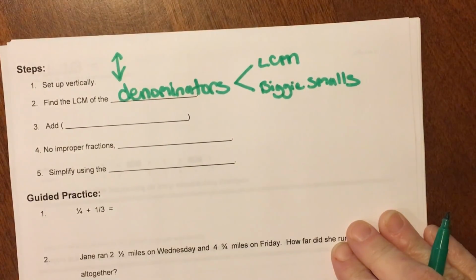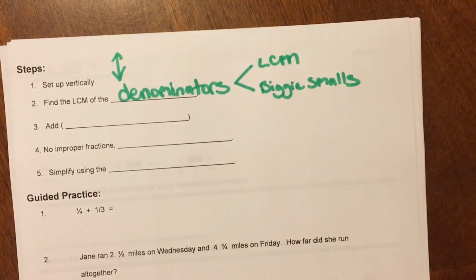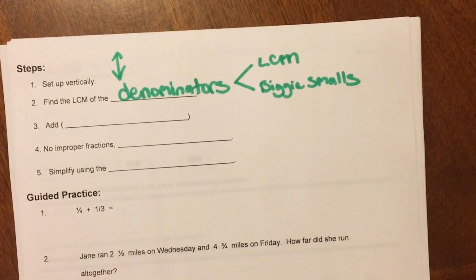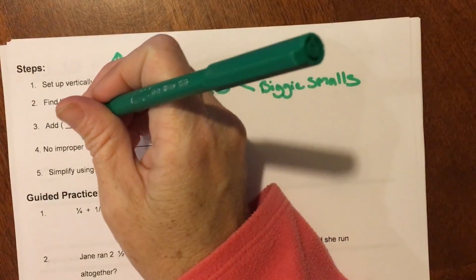Once you've found the LCM of the denominators, you're going to need to do some work to that. You're going to do a lot of steps, and I'll show you that, though. We're not going to list it all out because it's too much to memorize. When you're done and you now have the same denominators, then you're going to add.